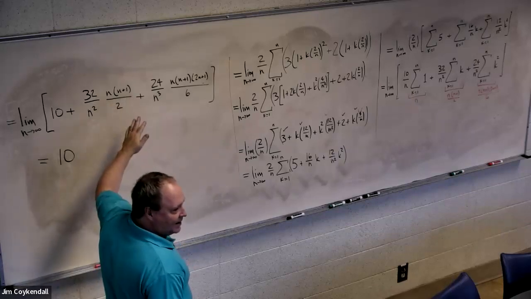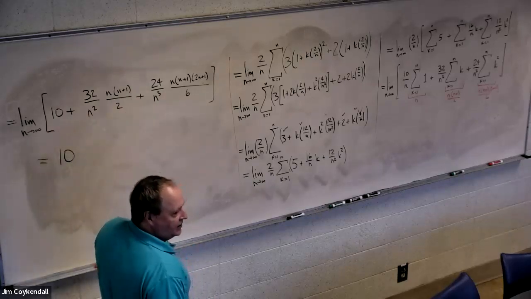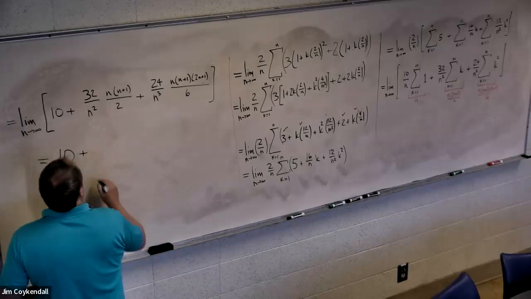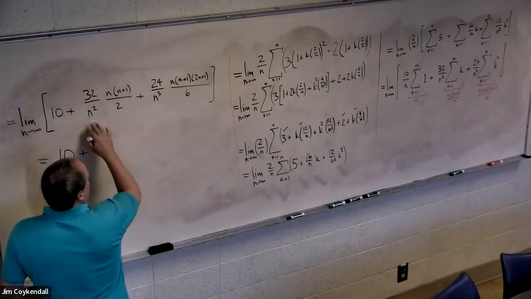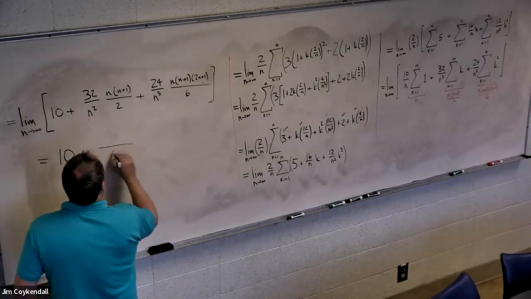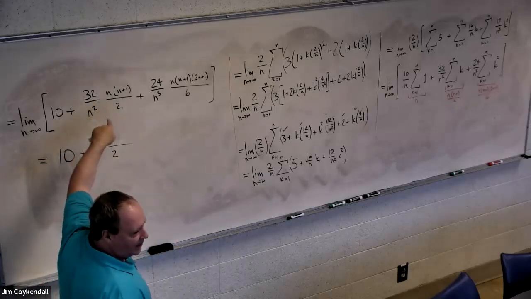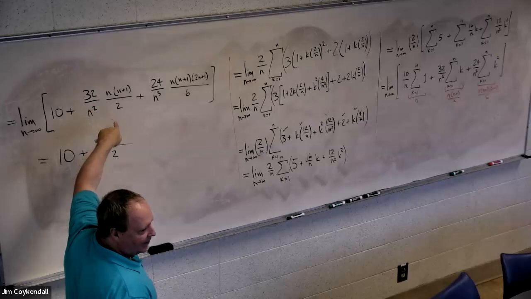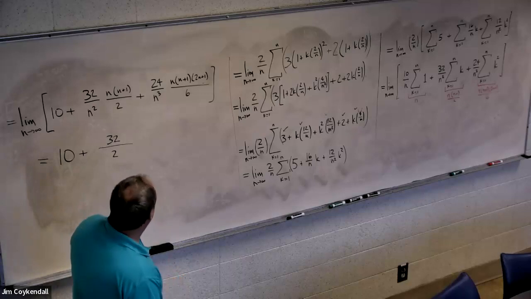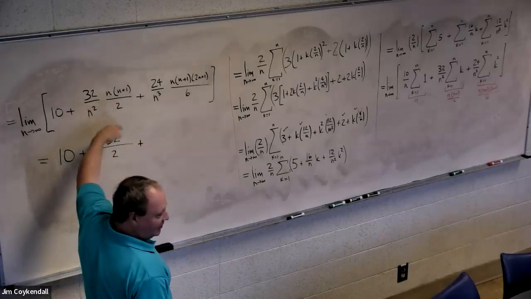Got a tie. The limit, since we're going to infinity, should be the ratio of the leading coefficients. What's the coefficient of n squared in the bottom? 2. When you multiply that out, what's the coefficient of n squared up here? 32. Everybody agree with that? Square term, it's a tie, so that's the limit.